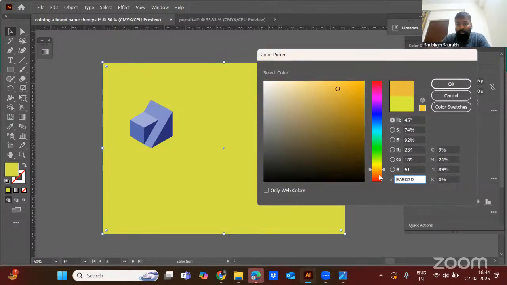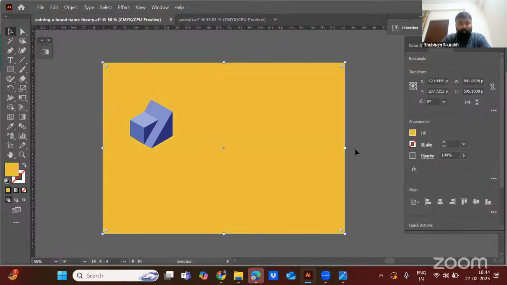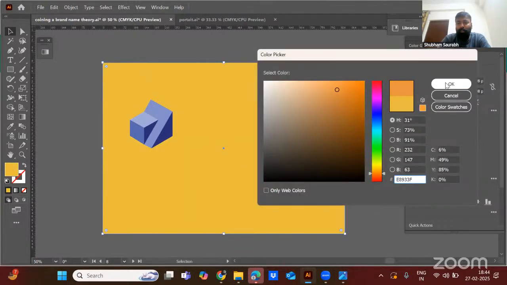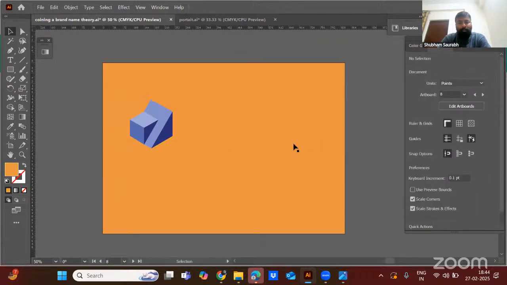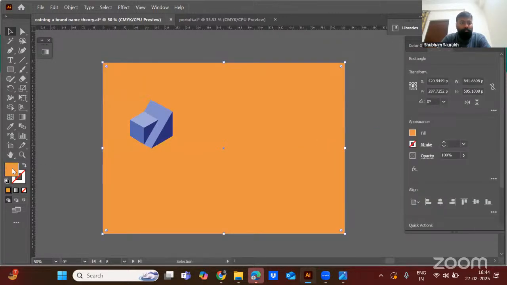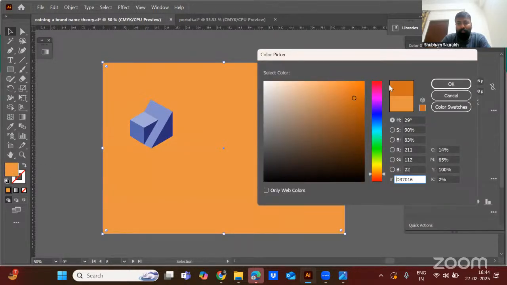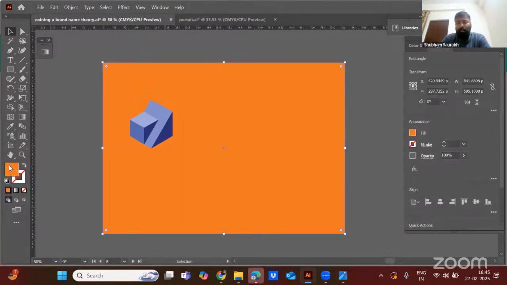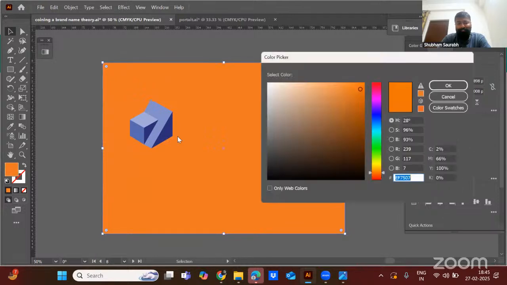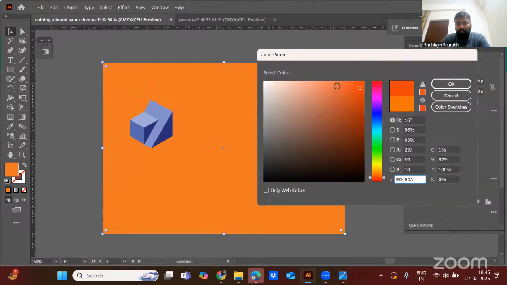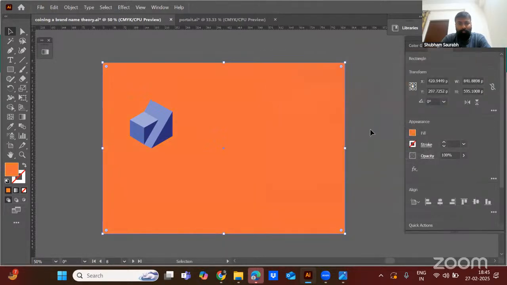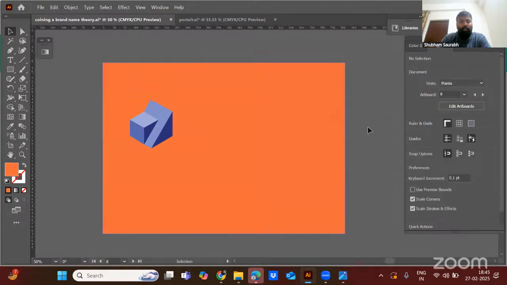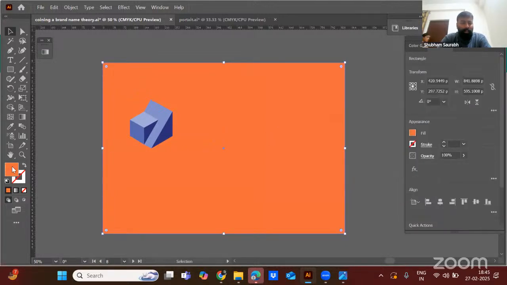So we'll go towards a little orange. This is also not looking very good. Let's go a little more red. Okay. Maybe a little lighter. So now I think this color palette looks good.